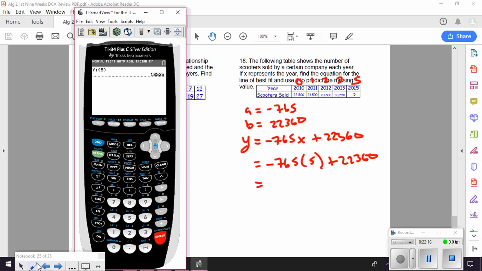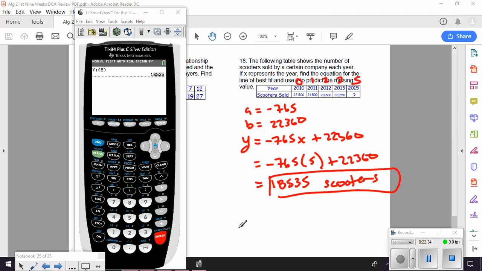The calculator does all the typing for you in the calculations. So the answer would be 18,535. That would be the number of scooters sold in 2015 based off of this information. So the number of scooters is decreasing as the years are increasing. FYI.